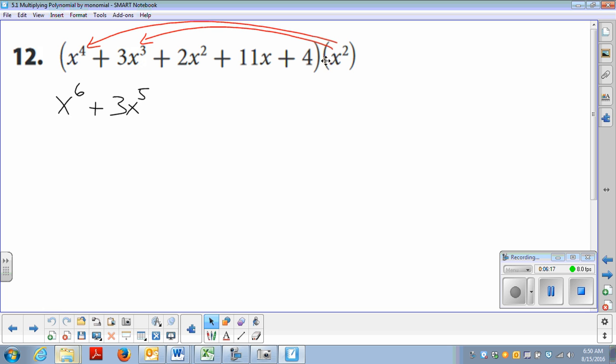Next, I did my coefficient of 1 times 3, which got me 3. And then I add my exponents. 2 plus 3 is 5. All right, again, my coefficient of 1 times 2, which gives me 2. And then I take my exponents and add them together. 2 plus 2 is 4.